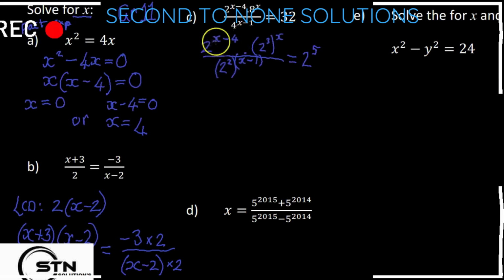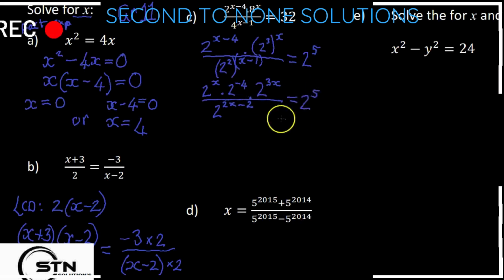I'm going to change 2 to the power of x minus 4 into 2 to the power of x times 2 to the power of negative 4. And it'll become more obvious just now why I'm doing that. In the meantime, I'm multiplying things out. So it becomes 2 to the power of 2x, and don't forget to multiply the negative 1 by 2 as well. And then we've got 2 to the power of 5 on the other side.